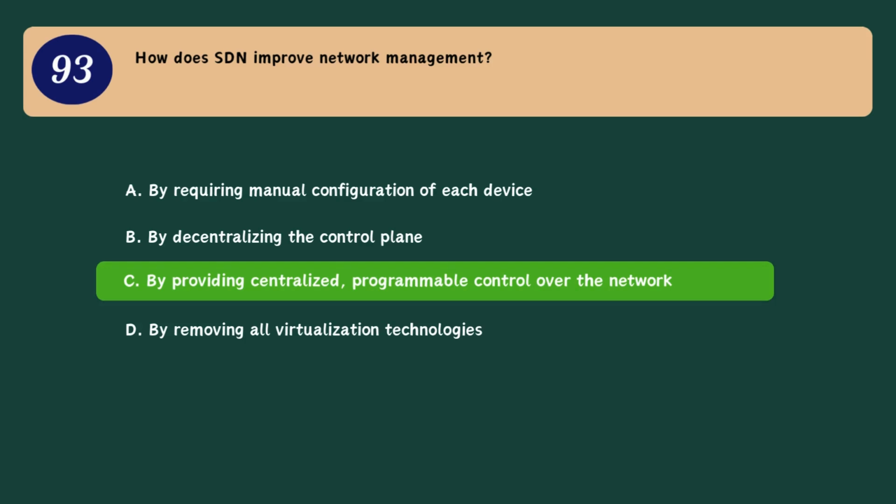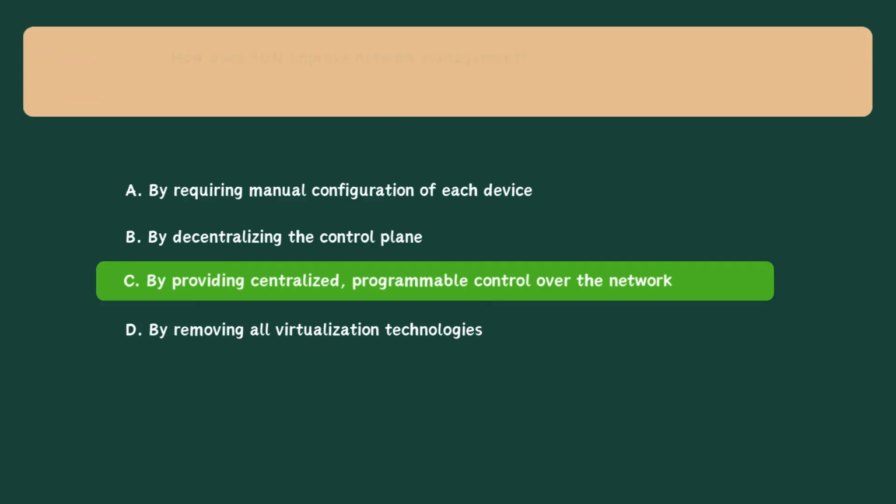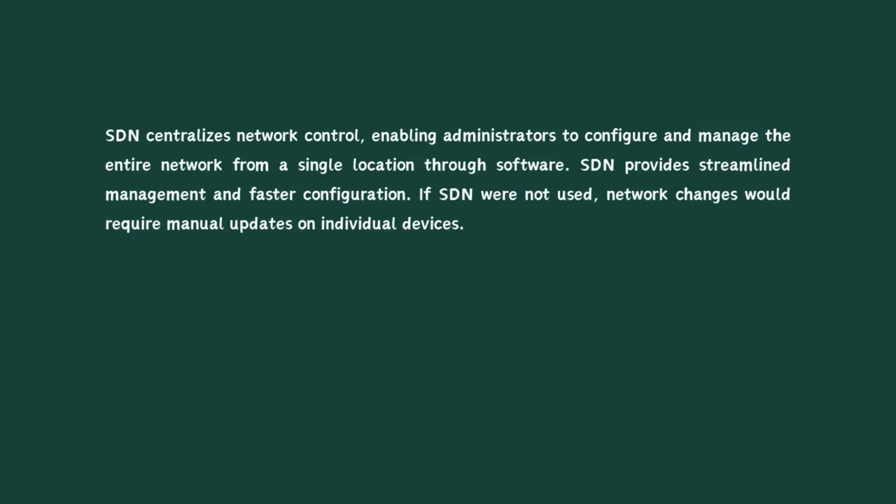C. By providing centralized, programmable control over the network. SDN centralizes network control, enabling administrators to configure and manage the entire network from a single location through software. SDN provides streamlined management and faster configuration. If SDN were not used, network changes would require manual updates on individual devices.